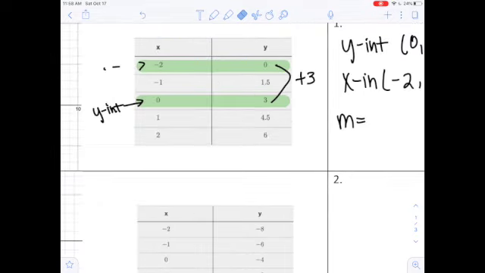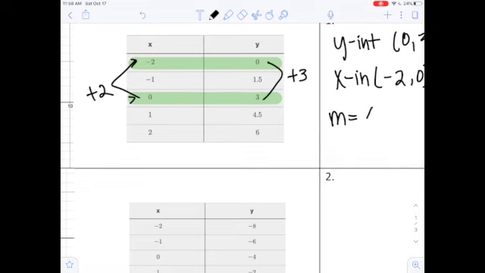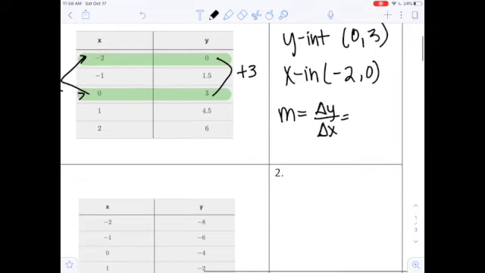And then coming over here on the other side, going from -2 to 0 is going to be +2. So then I can write my change in y divided by my change in x, which is +3 divided by +2, or just 3 divided by 2. And those are my attributes from our table.